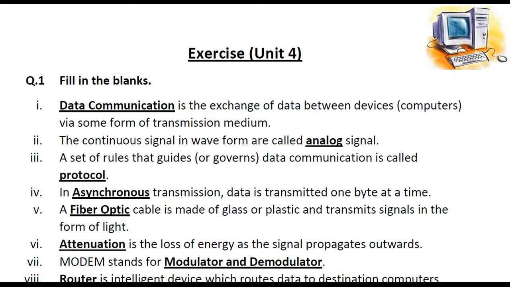But during communication, when it is carried by any medium from source to destination, at that time it has to be converted into analog form, and this conversion of signal from digital to analog and from analog to digital is actually done by the communication device called modem.